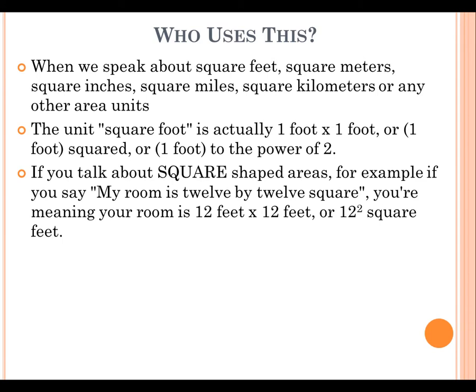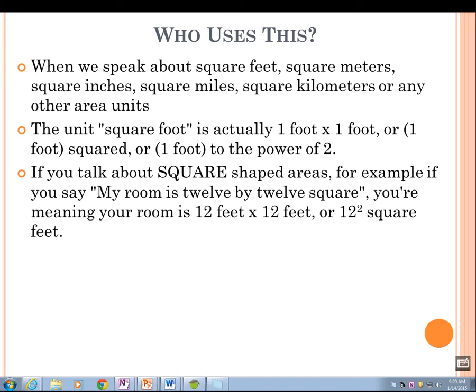Then there's also, if you talk about square-shaped areas, for example, if you say my room is 12 by 12 square, you're meaning your room is 12 feet by 12 feet, or 12 to the 2 up top, or 12 square feet.